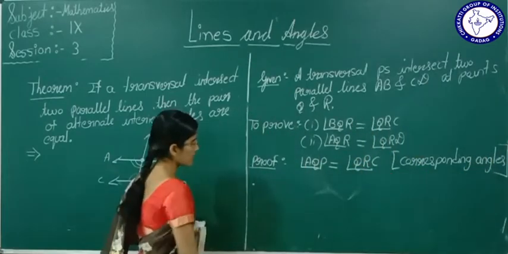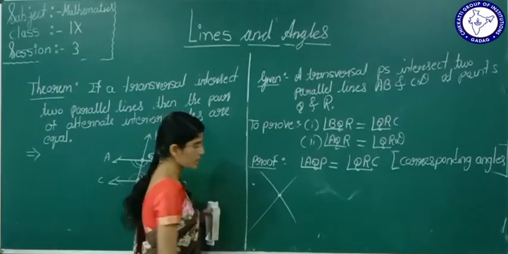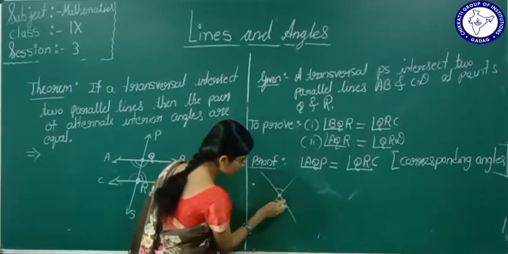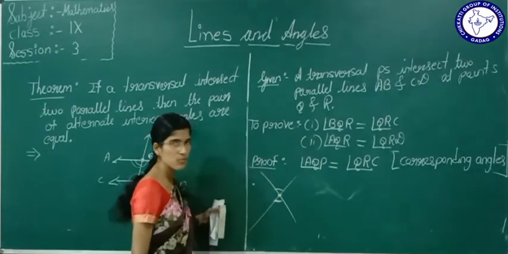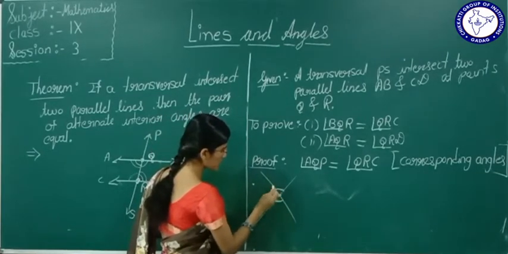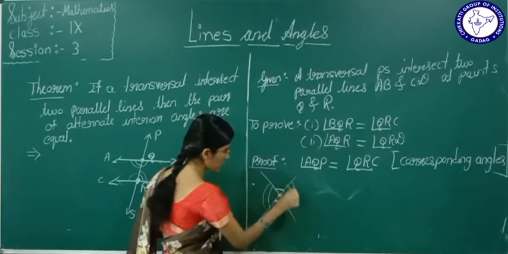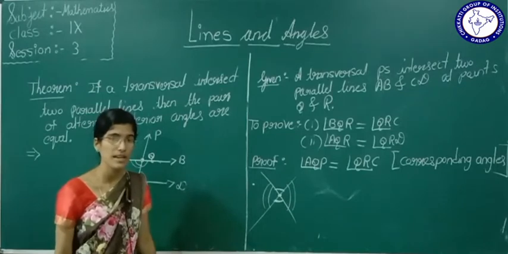Now you know that if two lines intersect at a point, then the angles formed at the point of intersection are vertically opposite angles. Here these are vertically opposite angles and here these two are vertically opposite angles. We also learned that vertically opposite angles are equal.